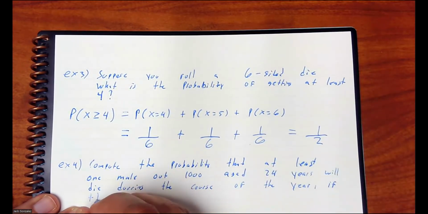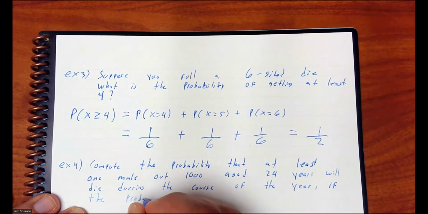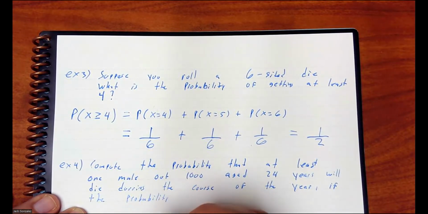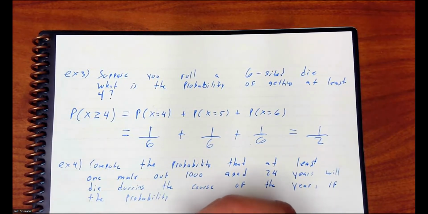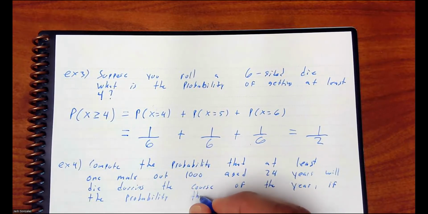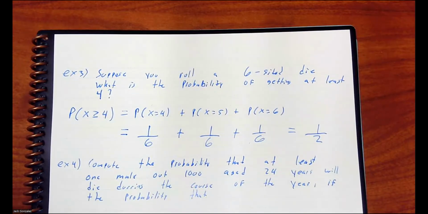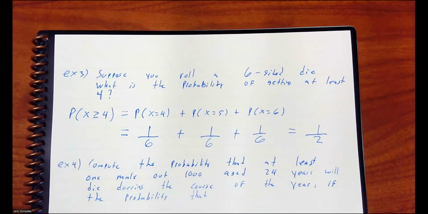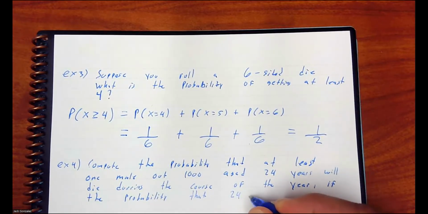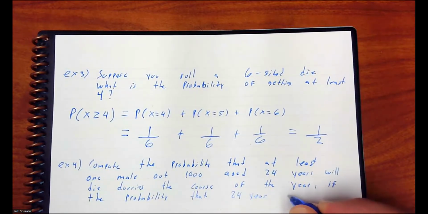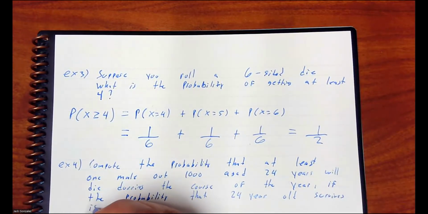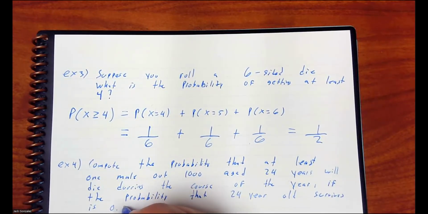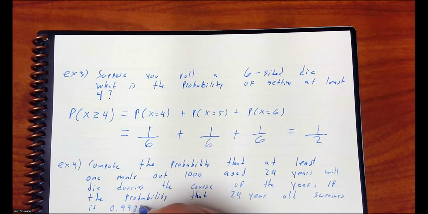If the probability that the 24-year-old survives is 0.9986.